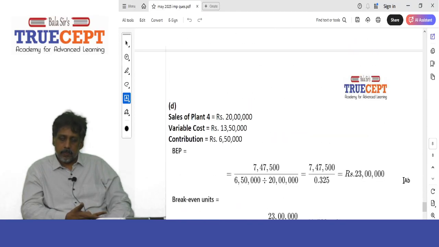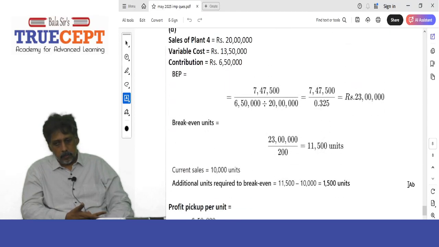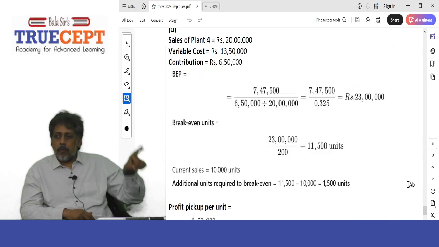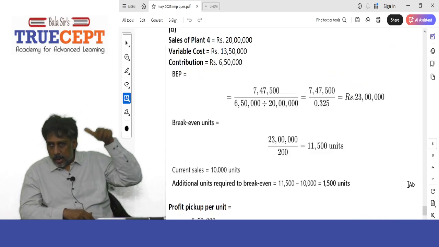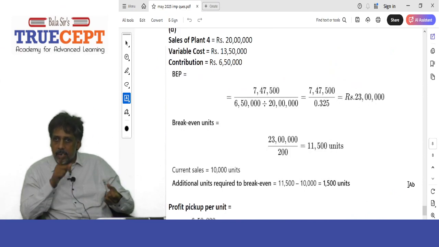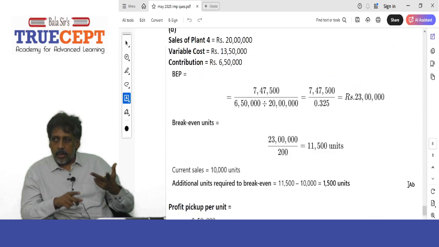Solution: first sales 20 lakh, variable cost 13 lakh 50,000, contribution 6 lakh 50,000. Then BEP is 7 lakh 47,500 fixed cost divided by 0.325, which is 6 lakh 50,000 by 20 lakh. Again, he has taken only the fixed expenses incurred on the plant, such as the plant manager's salary and the plant depreciation.